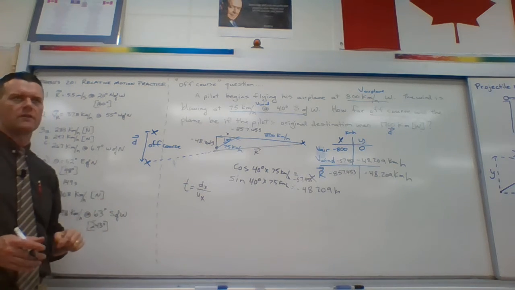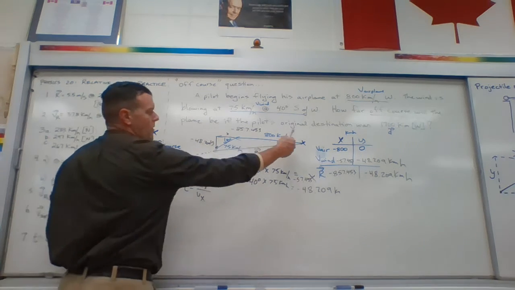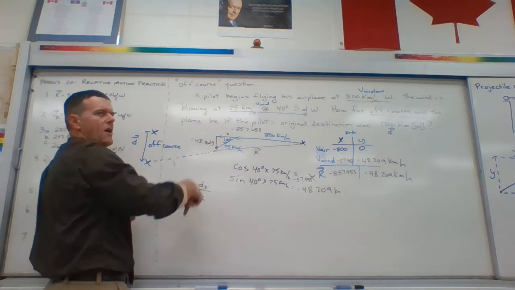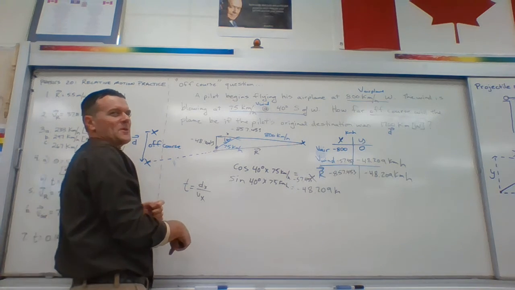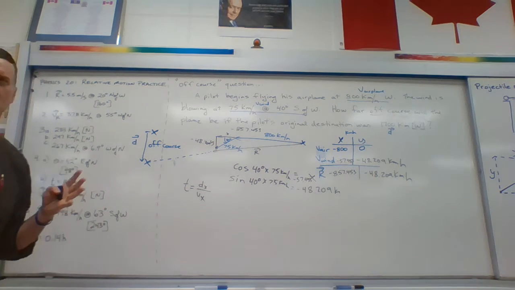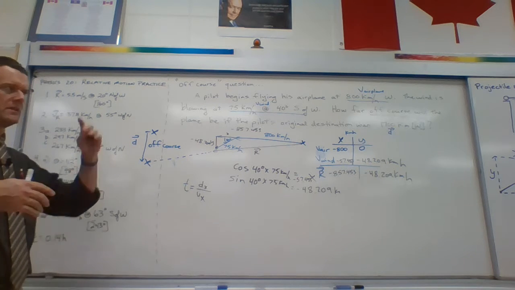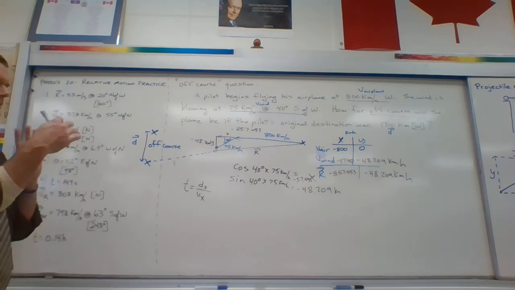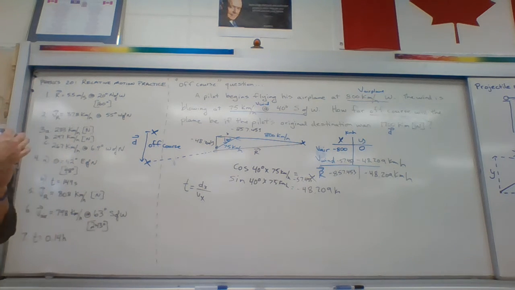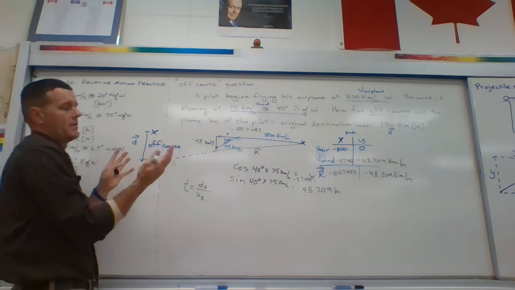Those two are tied together. You can't travel for 4 hours this way, but only 3 hours in the vertical, okay? They have to be together. Time binds these two components together because they happen at the same time, for the same amount of time.